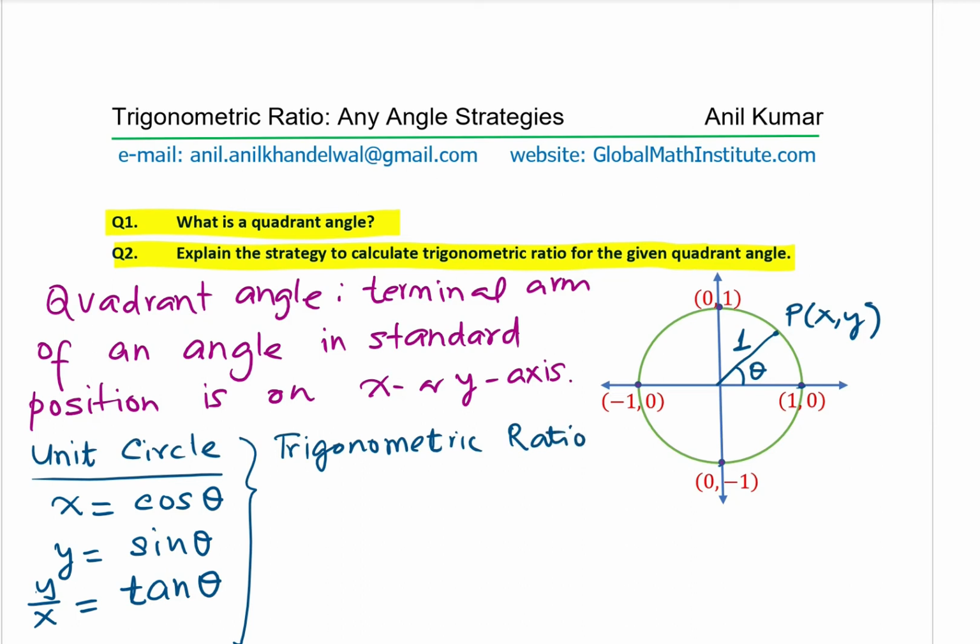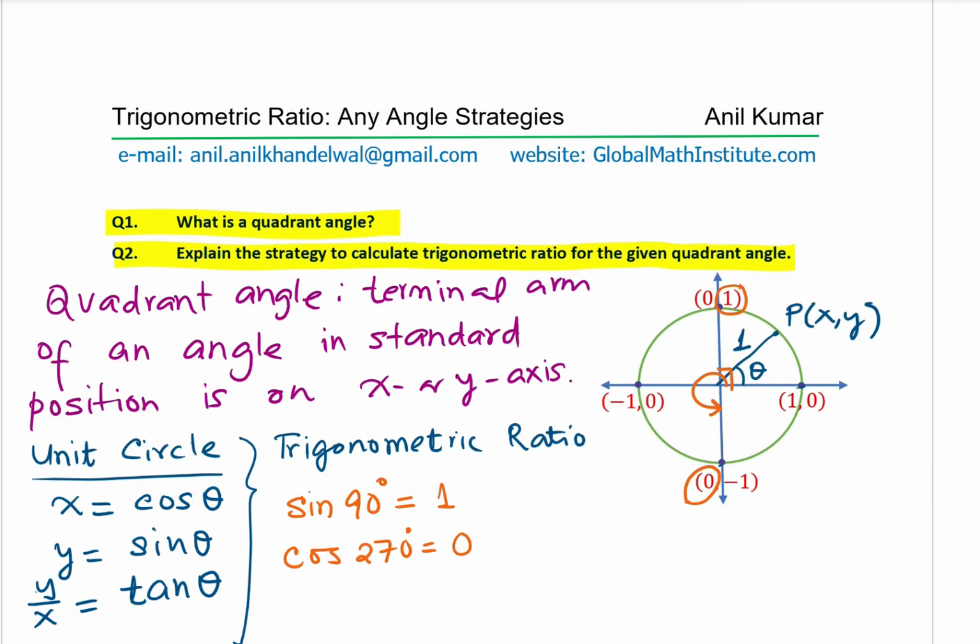For example, if I say, what is sine of 90 degrees? You will see that 90 degrees is this angle, and here sine is the y value. You can write down the answer as 1. How about cos of 270 degrees? So 270 degrees is this angle. The x value is 0, so you get your answer as 0.